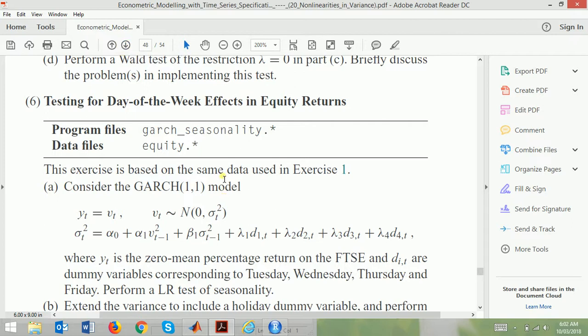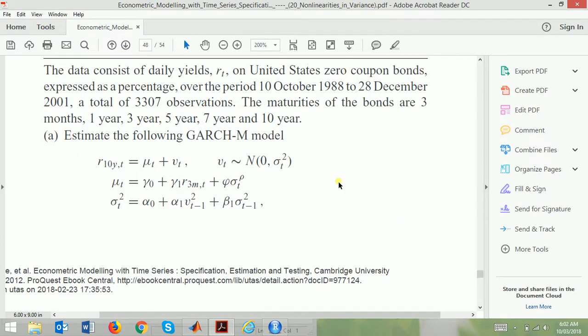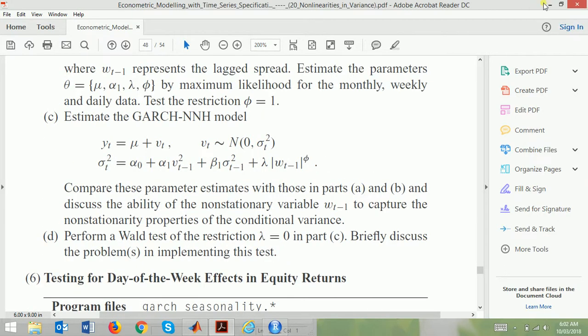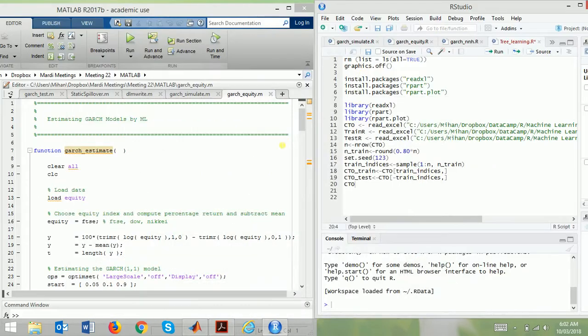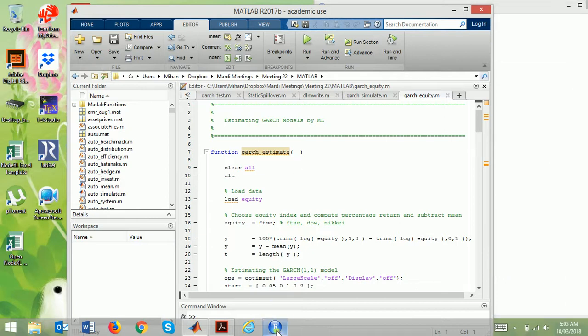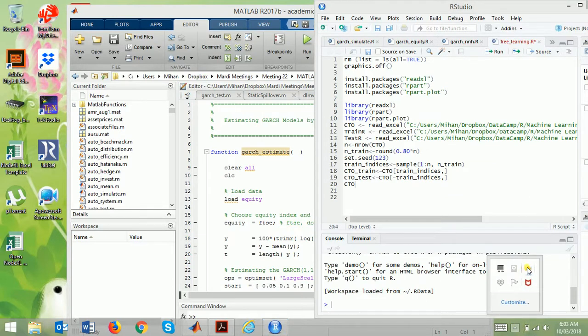So GARCH seasonality, and we're going to start reading about GARCH seasonality and GARCH-M. Let's open these in MATLAB first. I'm just going to pause at this moment and set the theater up, and then we're going to come back.